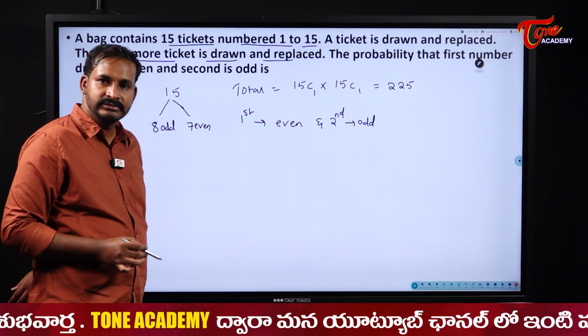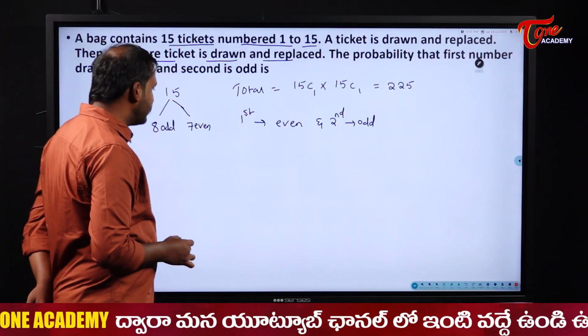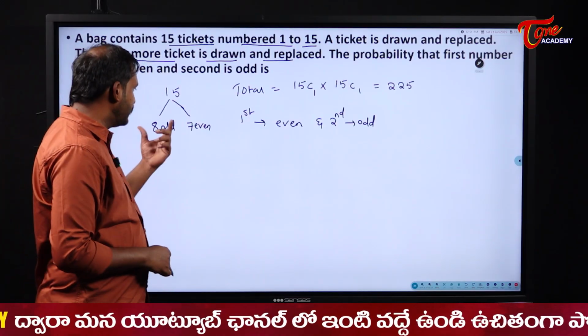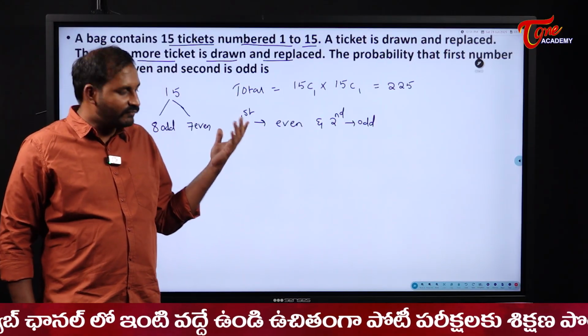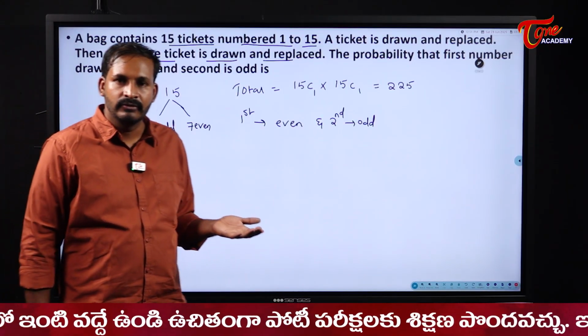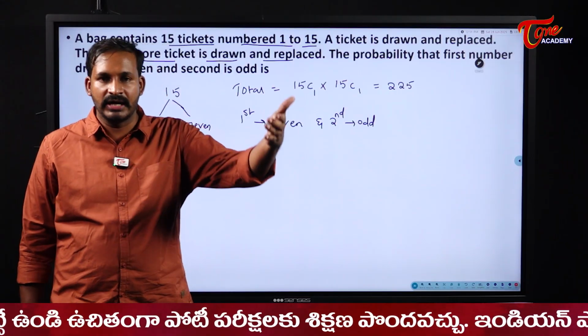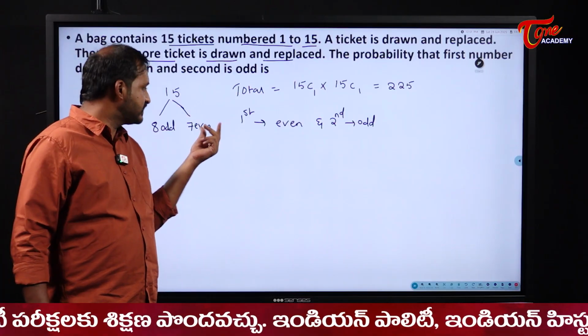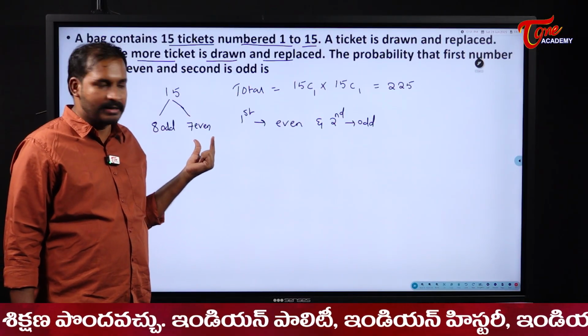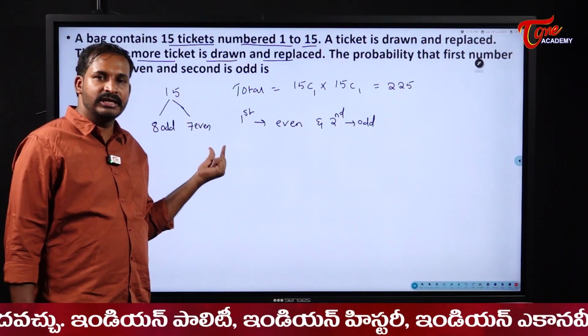Am I correct? When you see 15, it is an odd number. So 15 divided by 2, what you will get? 7.5. So one number above it, that is 8, will be odd in number, and the below number, that is 7, will be even in number. So we will have 8 odd numbered tickets and 7 even.